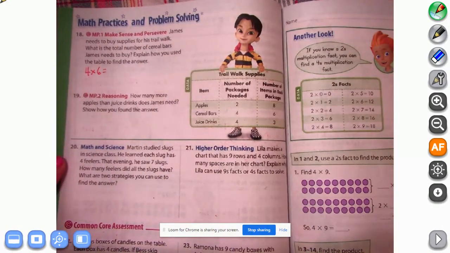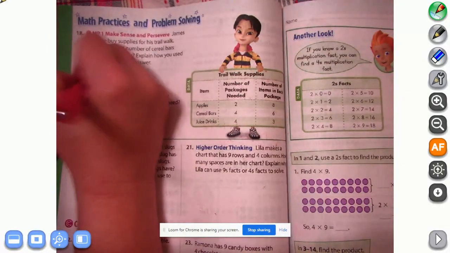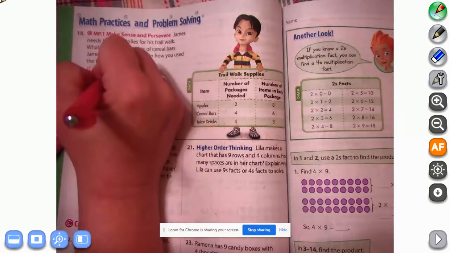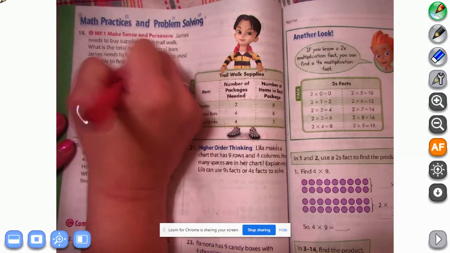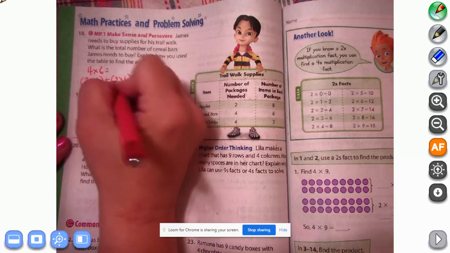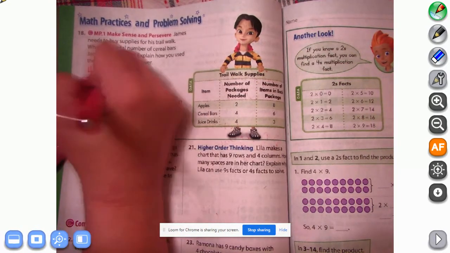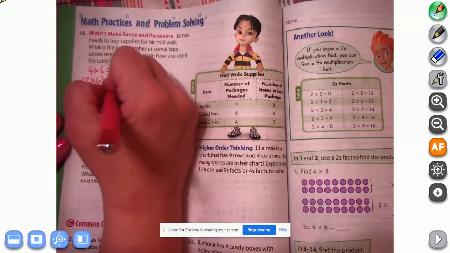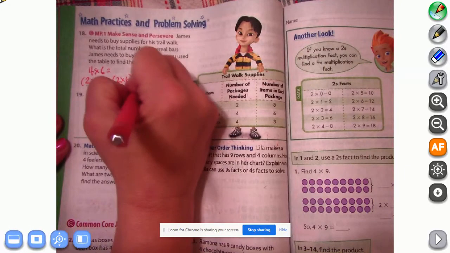We're going to double, okay? So 2 times 6 plus 2 times 6. 2 and 2 are 4. 2 groups of 6 is 12. 2 groups of 6 is 12. And 12 plus 12 is 24.